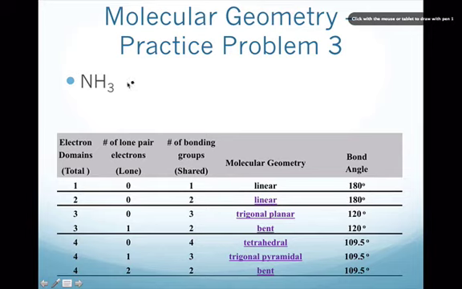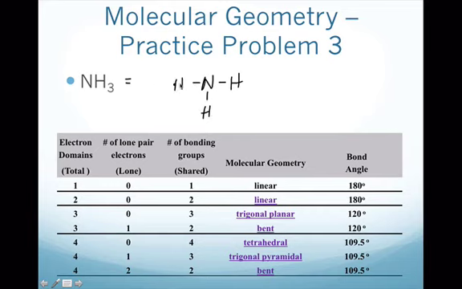And the last one we're going to do together is ammonia, NH3. If I were to draw it, I won't count it out. It ends up looking like this. And we have to make sure that nitrogen has a full octet, so we put the lone pair up there. In this case, we're going to focus on the nitrogen when we're looking for the molecular geometry.